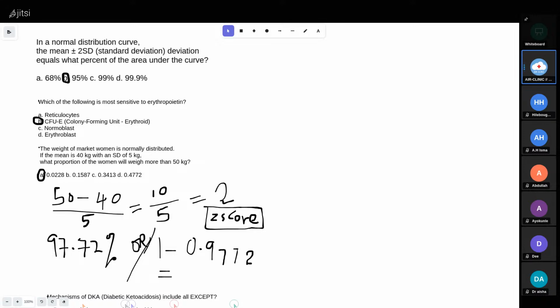Anyway, what's the best marker for evaluating primary hypothyroidism? Free thyroxine, that's T4, TSH, thyroid antibodies.